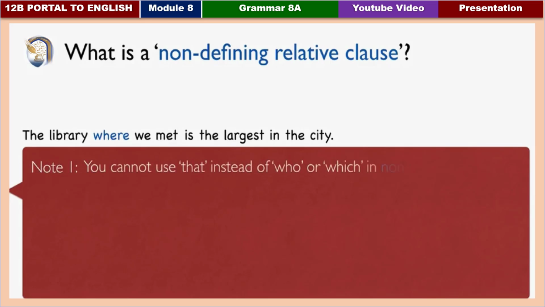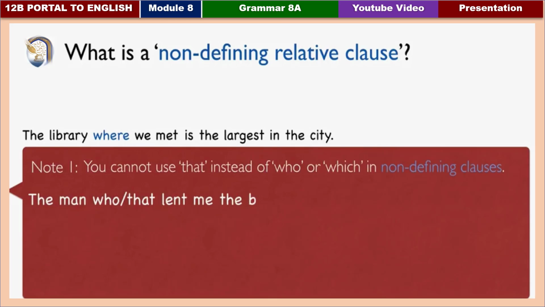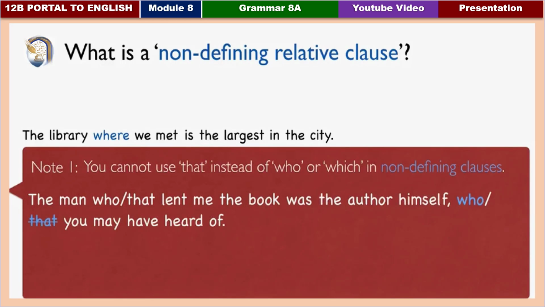Note that you cannot use that instead of who or which in non-defining clauses. For example, the man who or that lent me the book was the author himself, who you may have heard of. You cannot use that instead of who in the final clause.